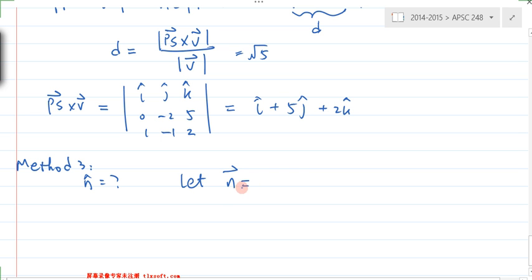So let n equal a certain vector. As Carl suggested, n is perpendicular to v, which means n dot v is 0.